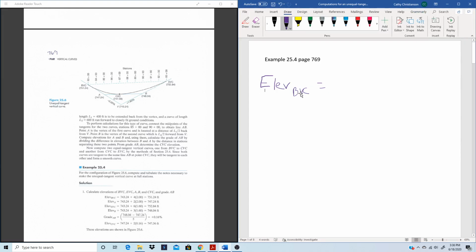Let me see if I can straighten this out a little bit better. The elevation of the beginning vertical curve is equal to your elevation at your V, which is 743.24.